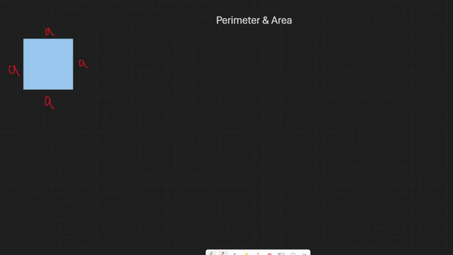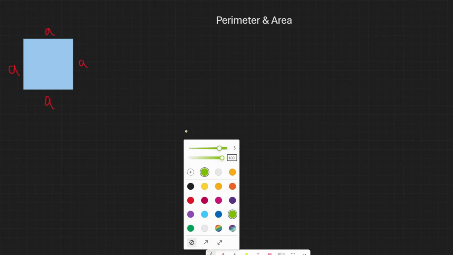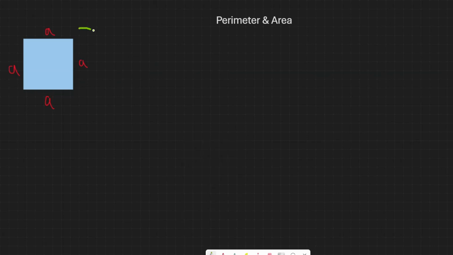So the perimeter is basically the addition of all sides. So if we start from here, the perimeter would be equal to A plus A plus A plus A, and that's it.